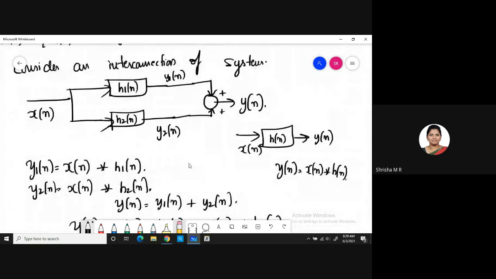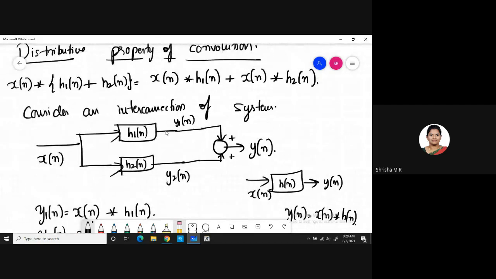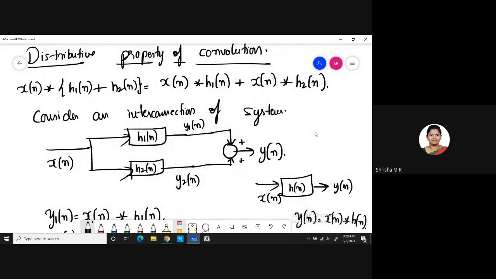Understood, everyone? So if you have systems in parallel like this, h1 of n and h2 of n, you can write h1 of n plus h2 of n. This is an interconnection of systems property. You have systems in cascade and systems in parallel, so the distributive property is nothing but the interconnection of systems in parallel. If you have x of n as input, you give it to the two systems having impulse responses h1 of n and h2 of n.